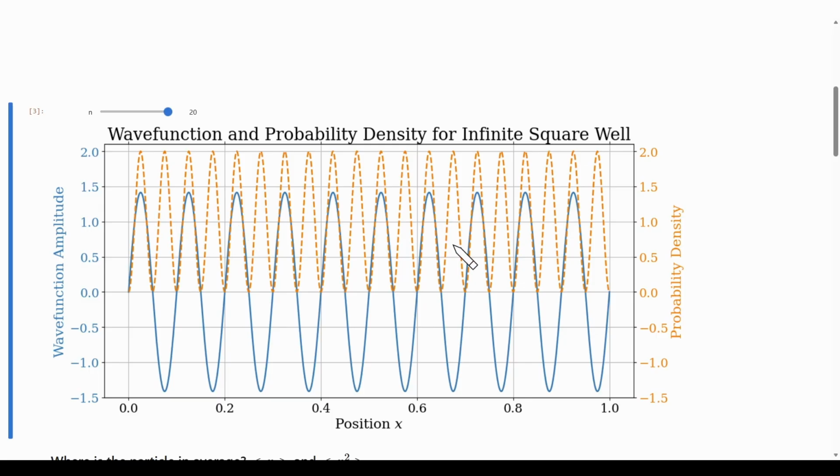And it oscillates more and more rapidly, such that in the limit of n very large, we can see that it will oscillate very rapidly between two values, and what will happen is that we will have some kind of uniform distribution.